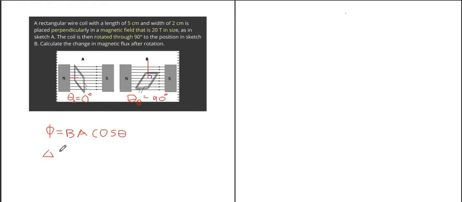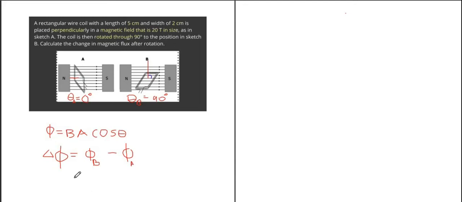So the change in magnetic flux is the final magnetic flux, at B, so I can write the subscript B, minus the magnetic flux at A, or in the beginning, right?